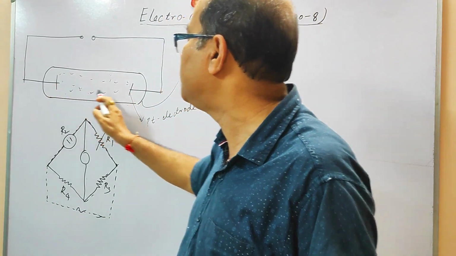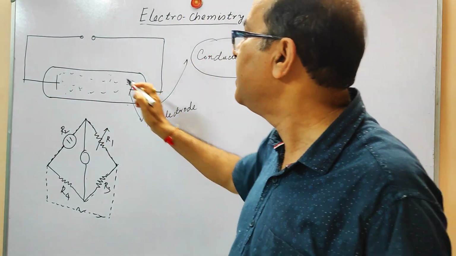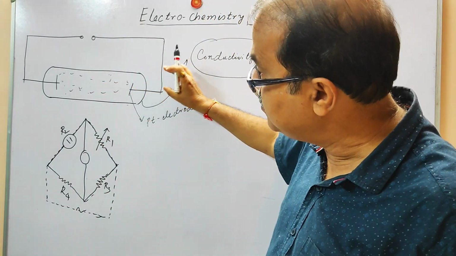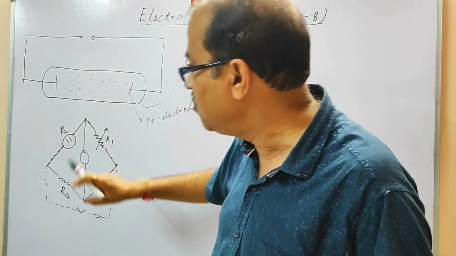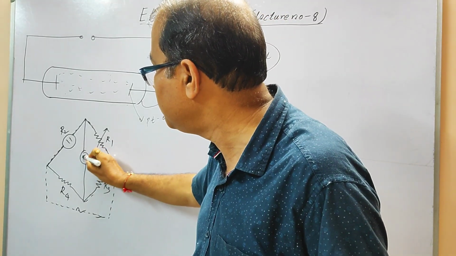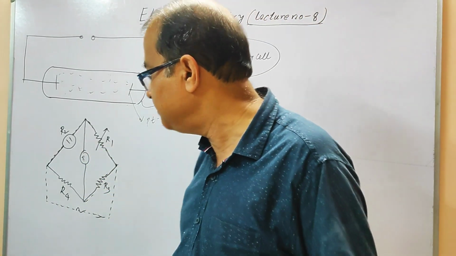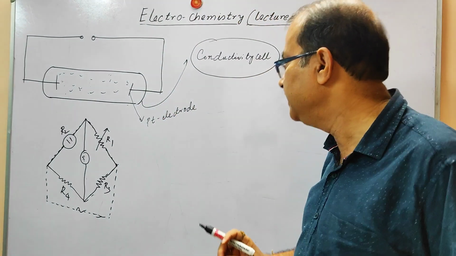Between these platinum electrodes the solution is kept, and there is a connecting rod, and this equipment is put into the Wheatstone bridge. In the Wheatstone bridge you can see this arrangement, which we will discuss now in detail.